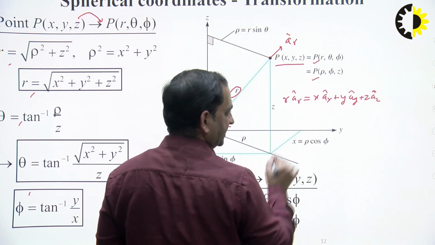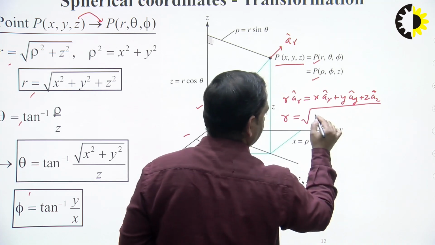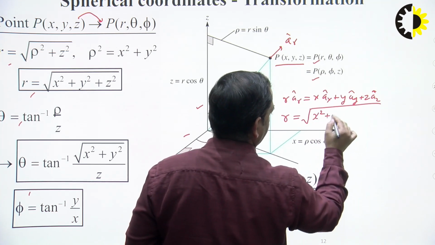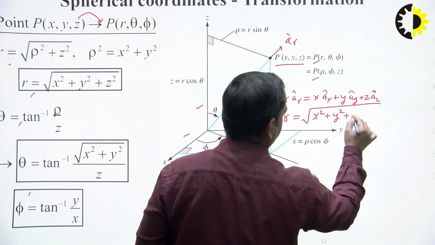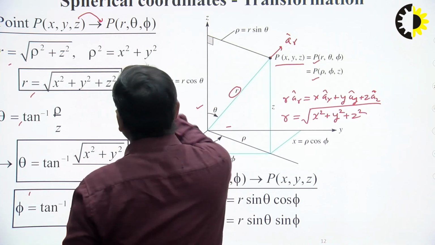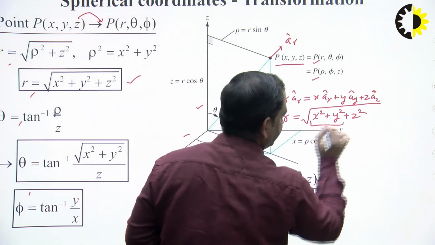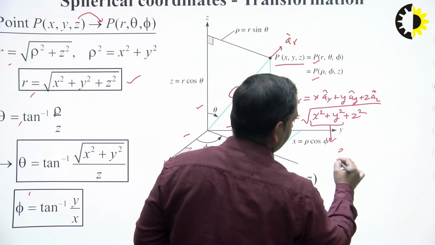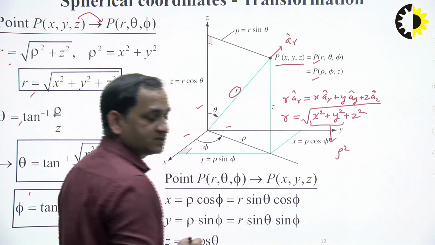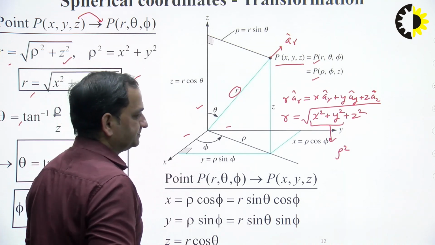So when we take the magnitude, then R will be equal to square root of X square plus Y square plus Z square. Okay. So same thing is mentioned here. If we combine this X square plus Y square, then this is nothing but the rho square as per the cylindrical coordinate system. So we can write it like this as well.